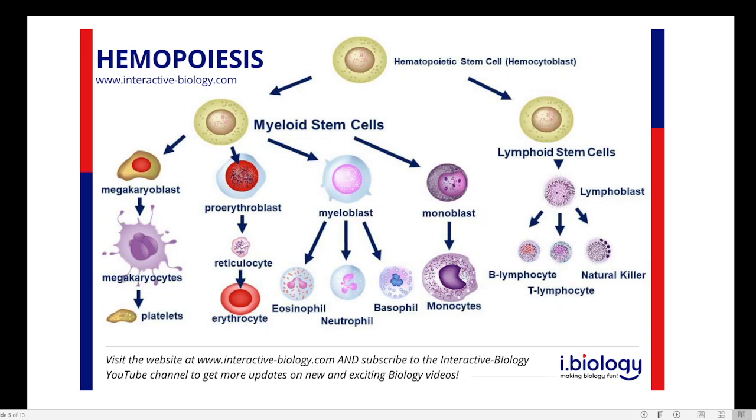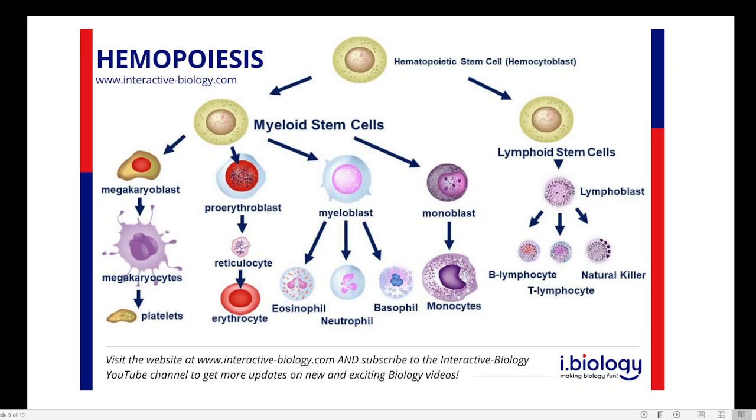So this is how hematopoiesis or hemopoiesis normally takes place. Here you can find that one kind of cell is converting into megakaryoblast, which will finally result in the formation of a platelet. Another is converting into proerythroblast, that will become an erythrocyte or RBC.